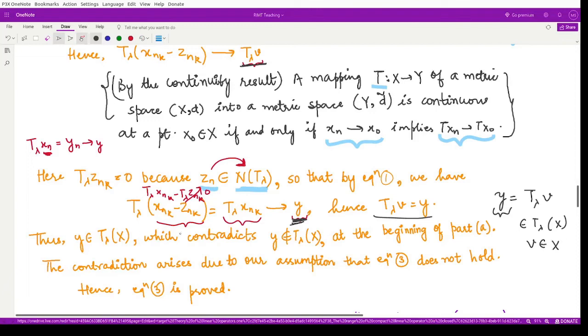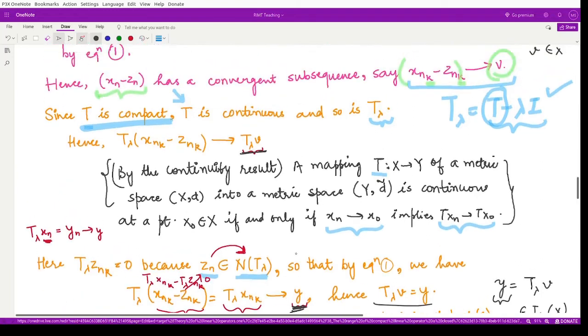Therefore we have proved that y belongs to the range of the operator T lambda. But this is a contradiction, because at the beginning of part A we assumed that y is not present in the range space of the operator T lambda. So this is a contradiction.